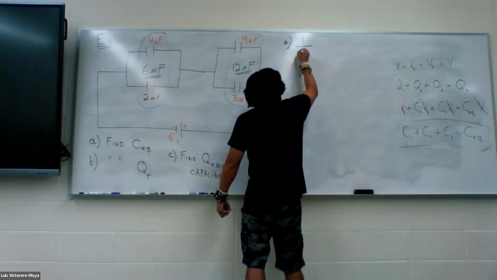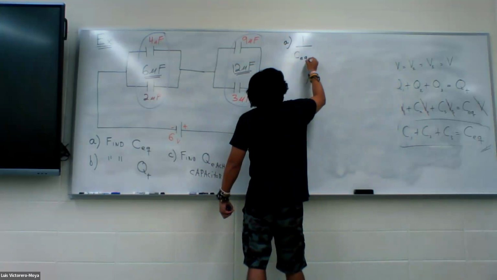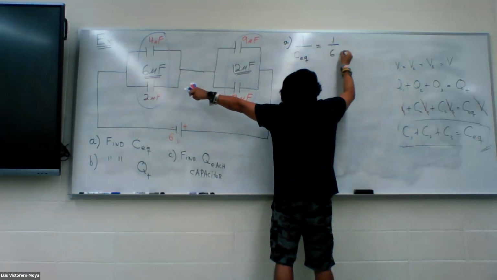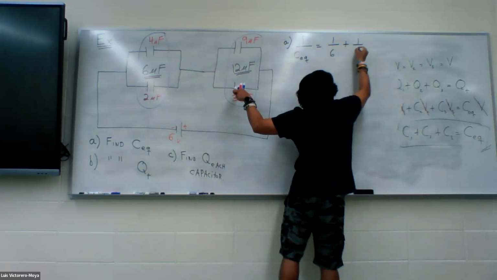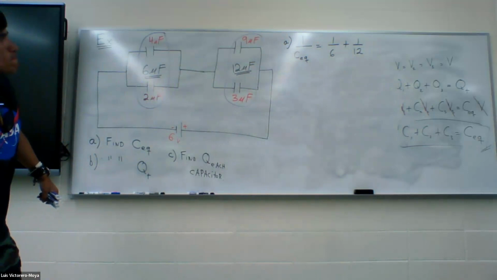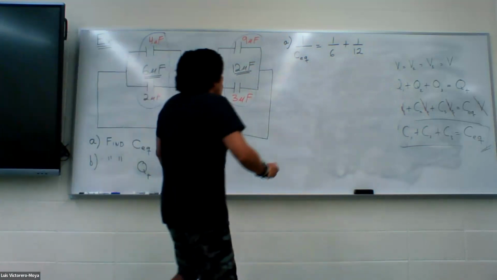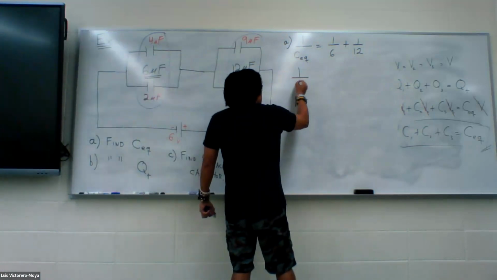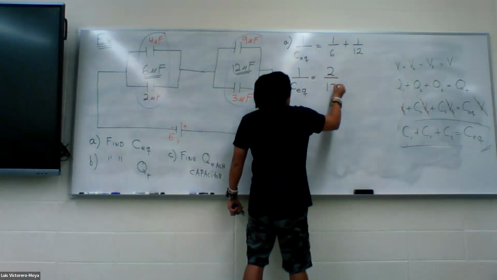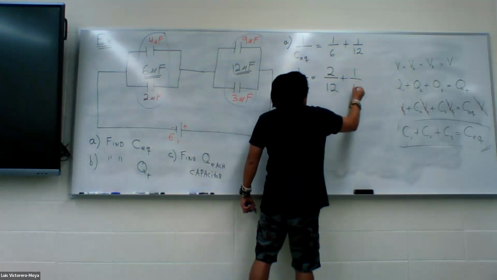One over C equivalent is equal to 1 over 6 plus 1 over 12. Right? Okay, so 1 over C equivalent is common denominator 2 over 12 plus 1 over 12.